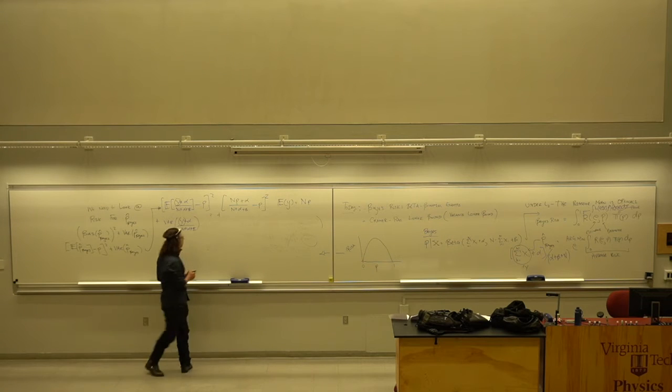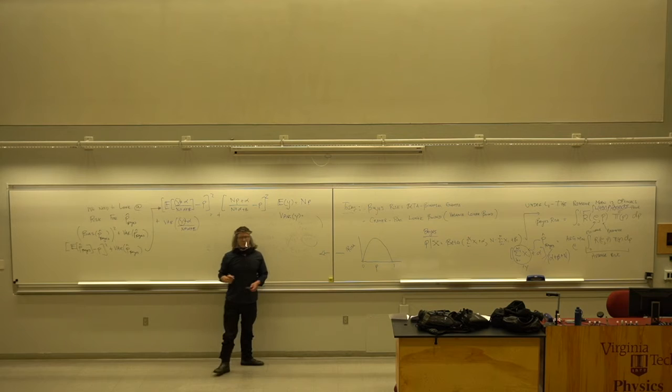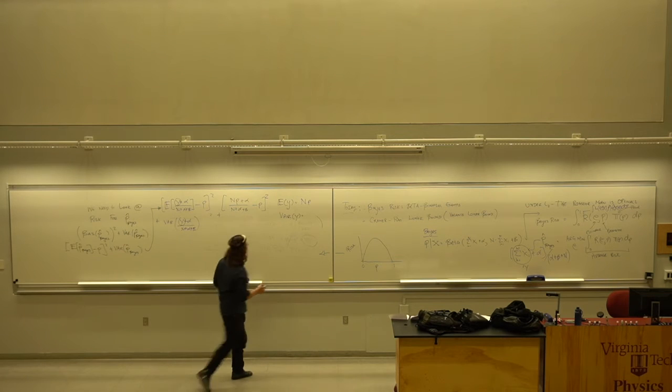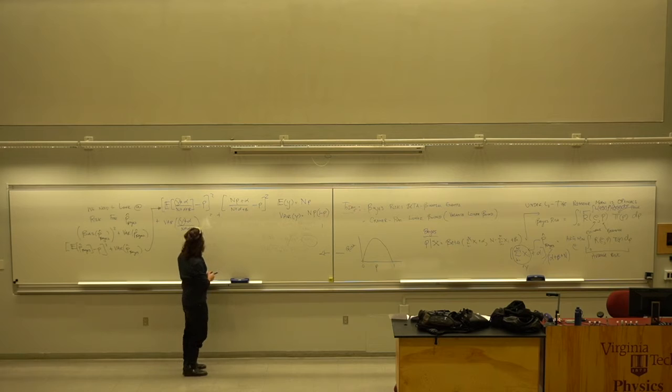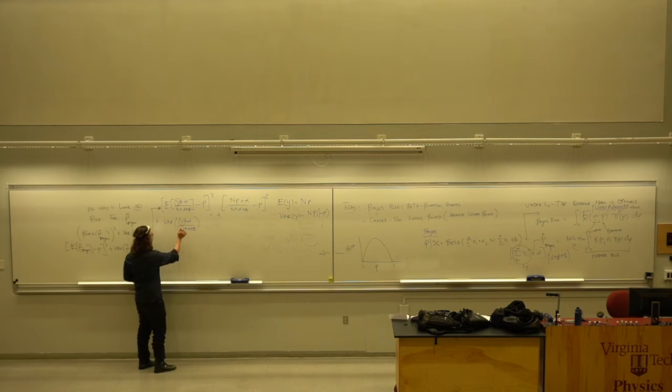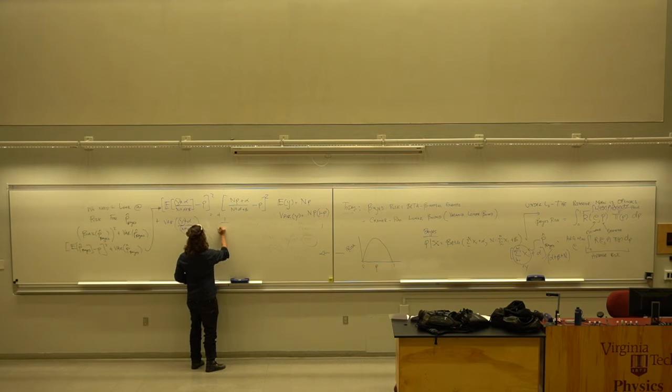The variance of y, I think we know what this is as well. What's that? np times 1 minus p. And so I need to square this stuff out when I do everything. So I'm going to have 1 over n plus alpha plus beta, squared.